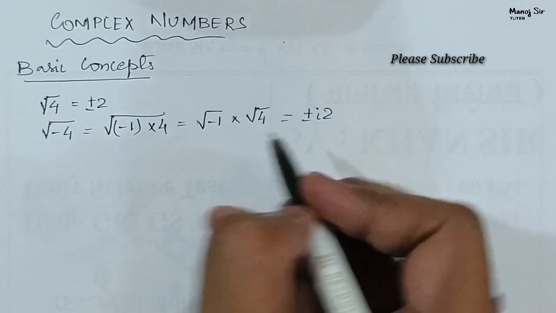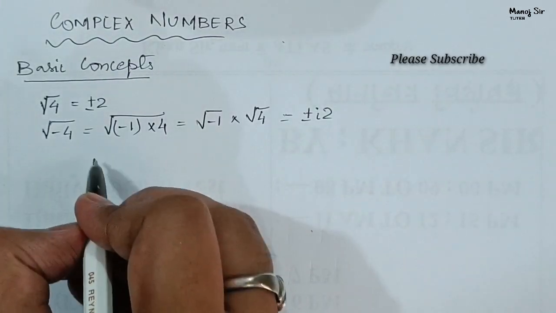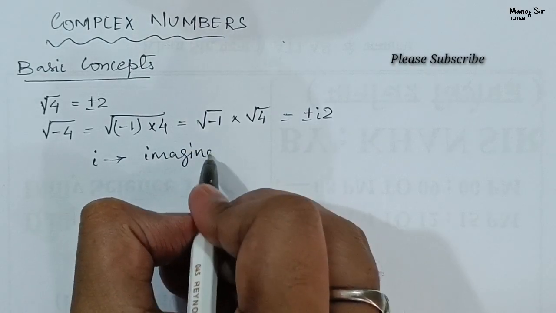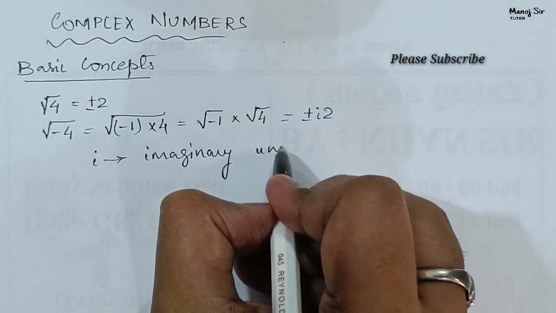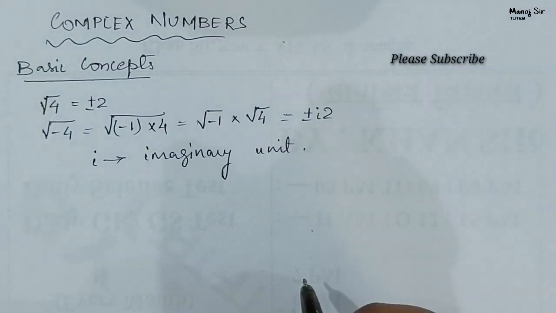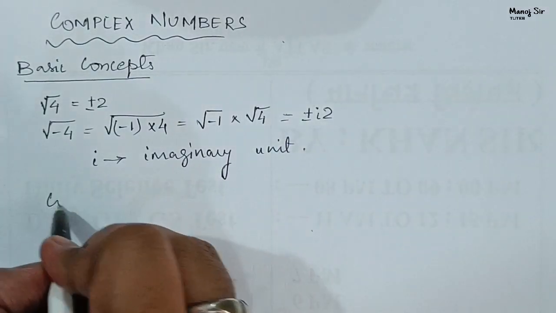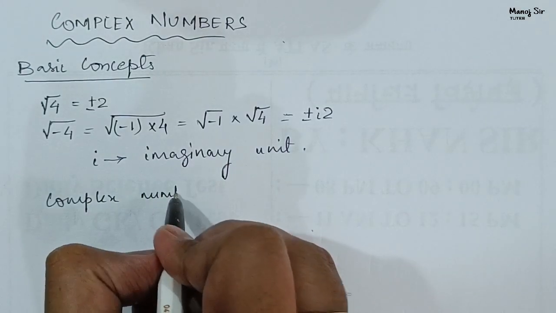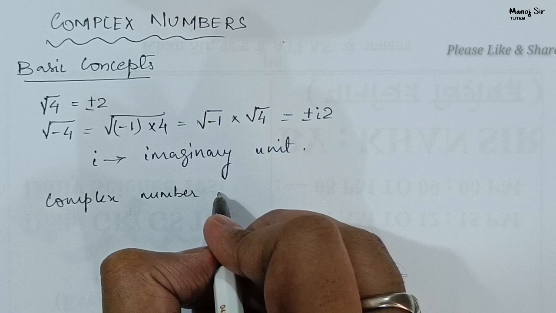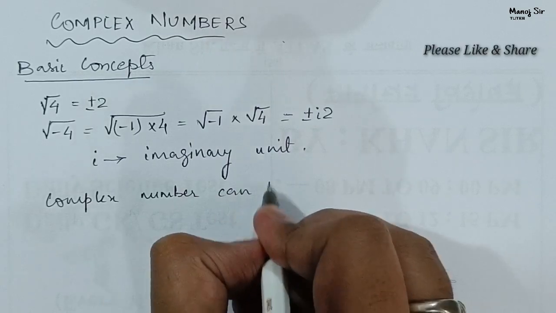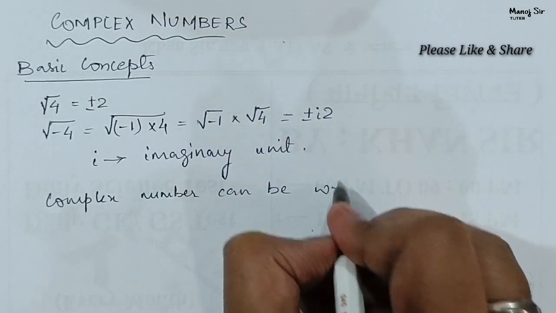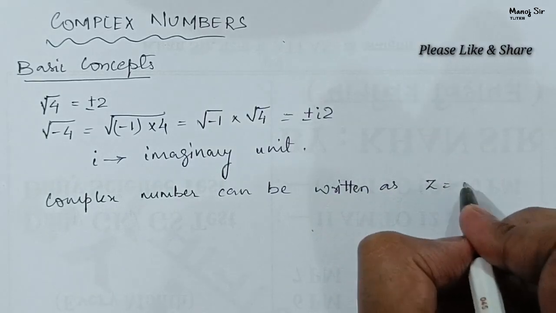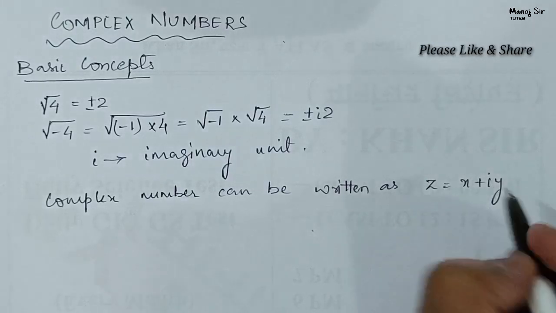And what is this i? This is the imaginary unit. Now a complex number can be written as z equals x plus iy.